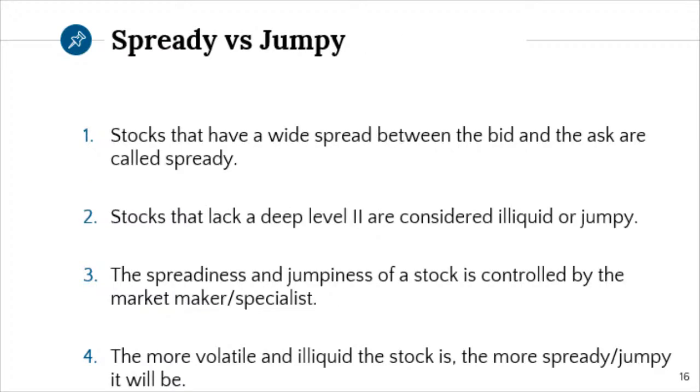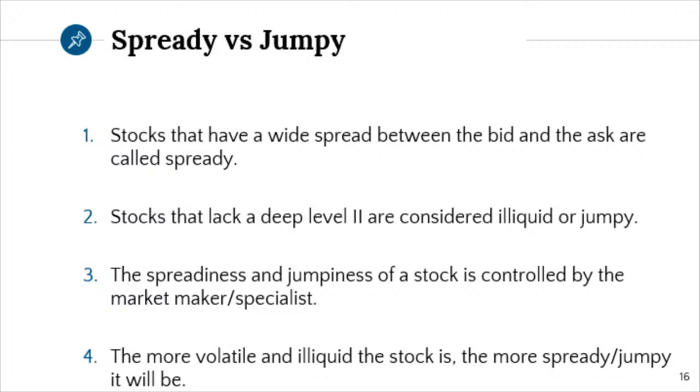Okay, now I don't want to get too technical with you here, but there's a difference between spready and jumpy, right? You often use these words interchangeably, but that's not quite right. Stocks that have a wide spread between the bid and the ask are called spready stocks.